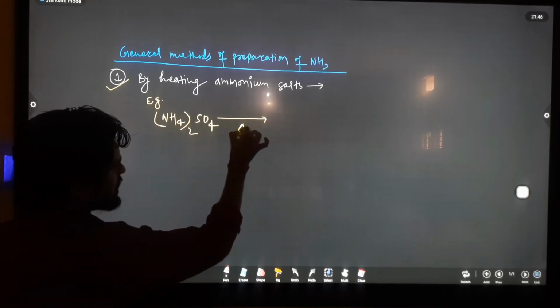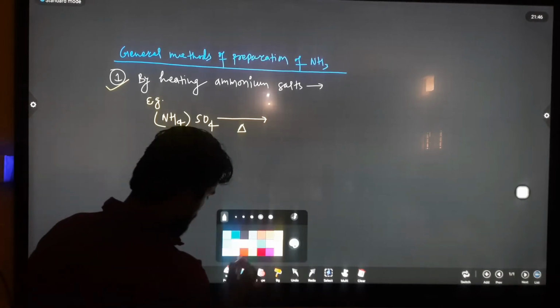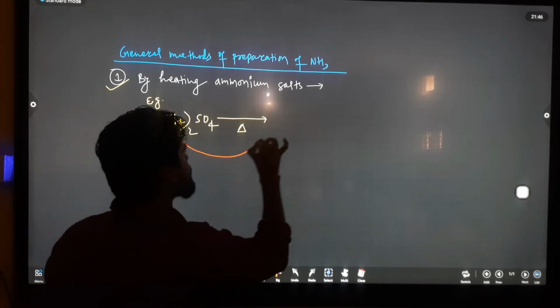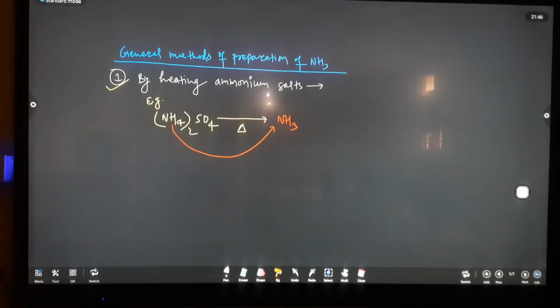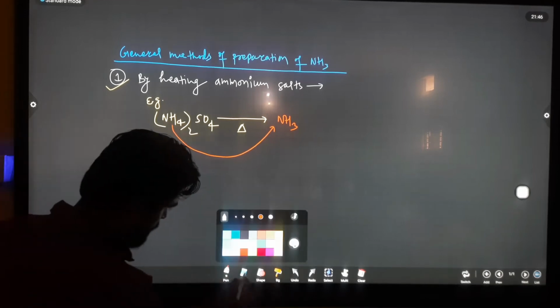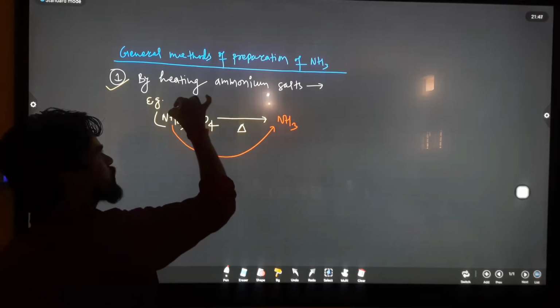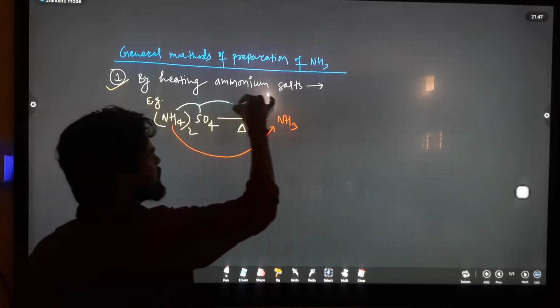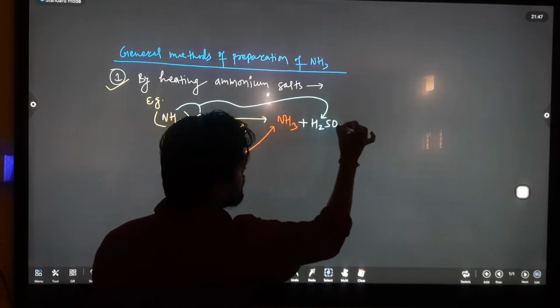What happens when it is heated? Remember that whenever there is ammonium, this ammonium gives ammonia, that is NH3. Then here remaining H and SO4, this gives H2SO4, that is sulfuric acid.